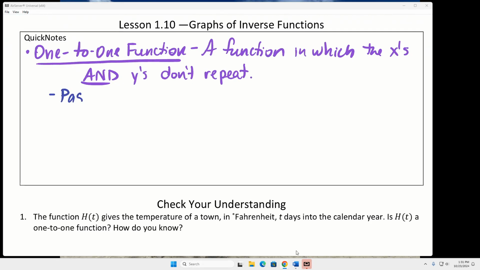A one-to-one function passes the vertical and horizontal line tests.